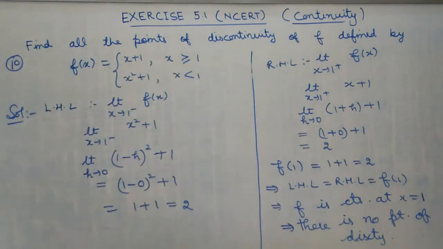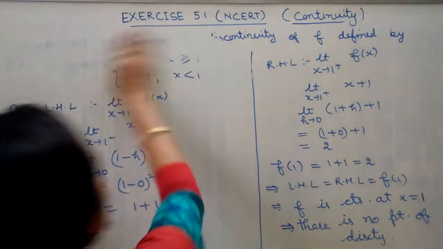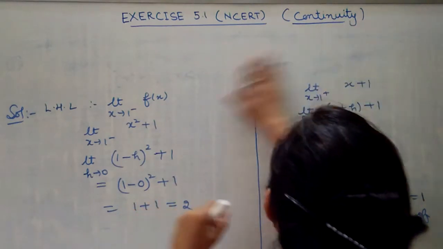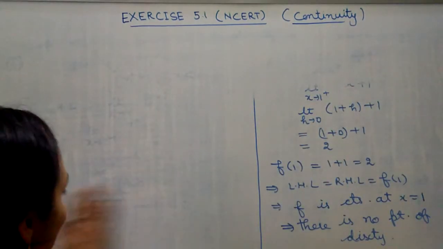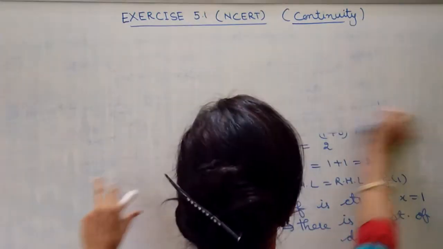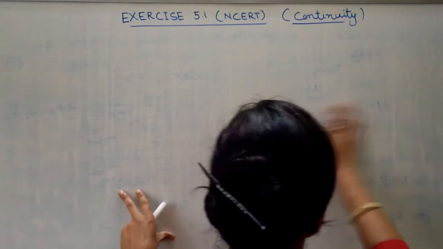Now I will do one different question for all of you. In that question we will not find the value for the continuity or discontinuity. We will find the relation. What is that question?